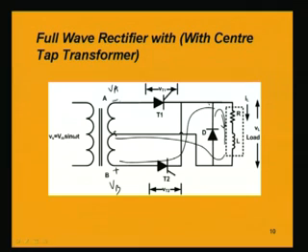If we consider now the positive half cycle below this alpha, that means below the firing angle, then also the diode current will flow.